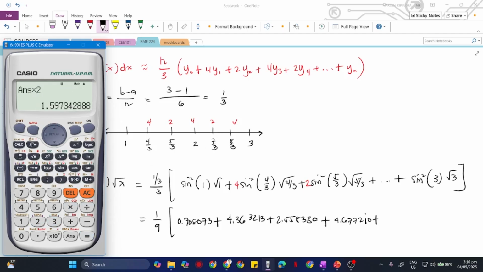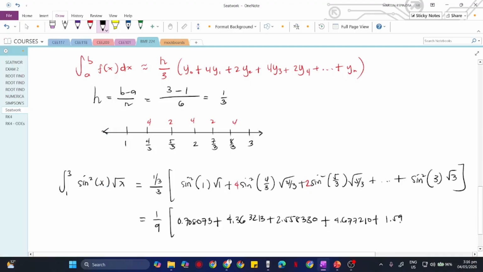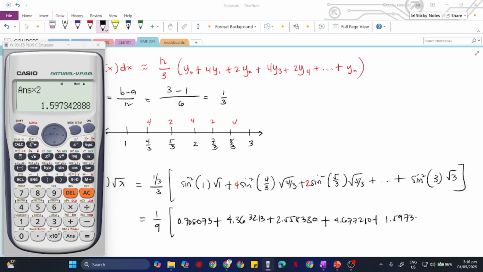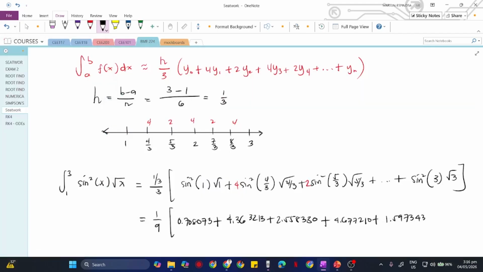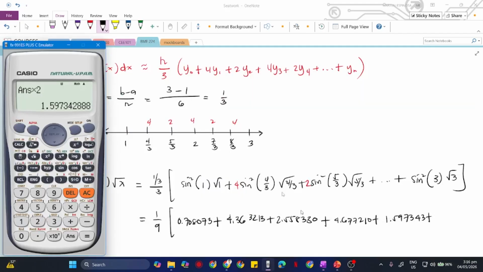So, you would get 1.597343. Plus, okay, balik tayo ulit doon. Calc natin to. So, tapos na tayo sa 7/3. Tama ba? So, 8/3 din tayo. 8/3. Then, that is to be multiplied by 4. So, you would get 1.365824.